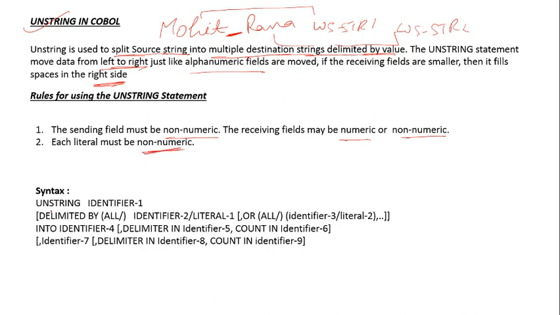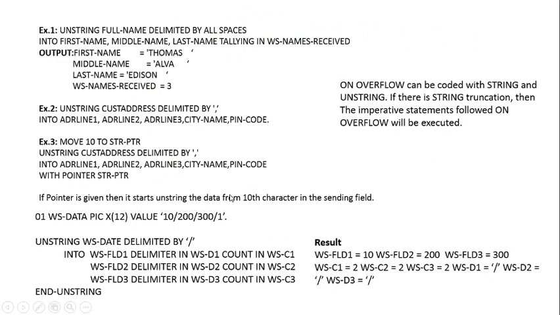The syntax is: unstring identifier-1 delimited by all identifier-2 or literal-1, or all identifier-3 or literal-2, into identifier-4, identifier-5, count in. This is the syntax.